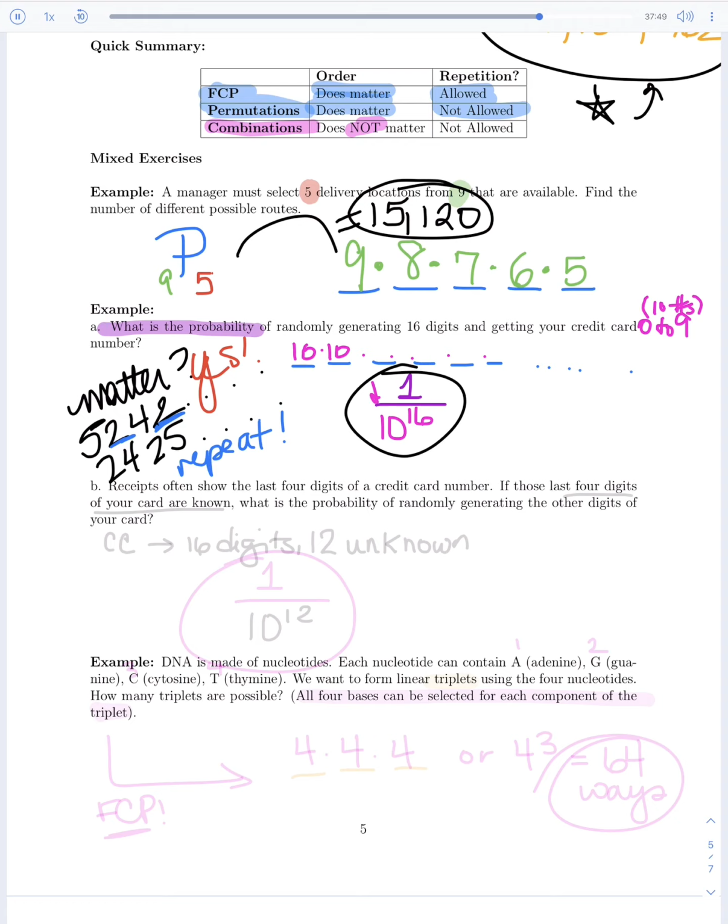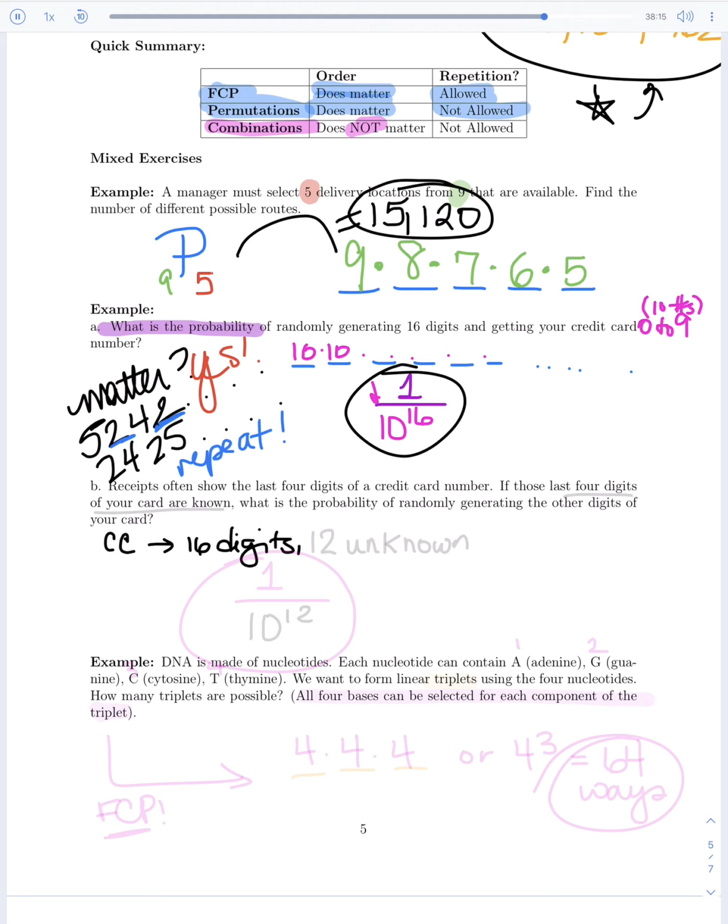Now let's take a look at this next one. Receipts often show the last 4 digits of a credit card number. If those last 4 digits of your card are known, what is the probability of randomly generating the other digits of your card? Well, we know that with a credit card, order does matter. We just did that in the last part. It normally has 16 digits.